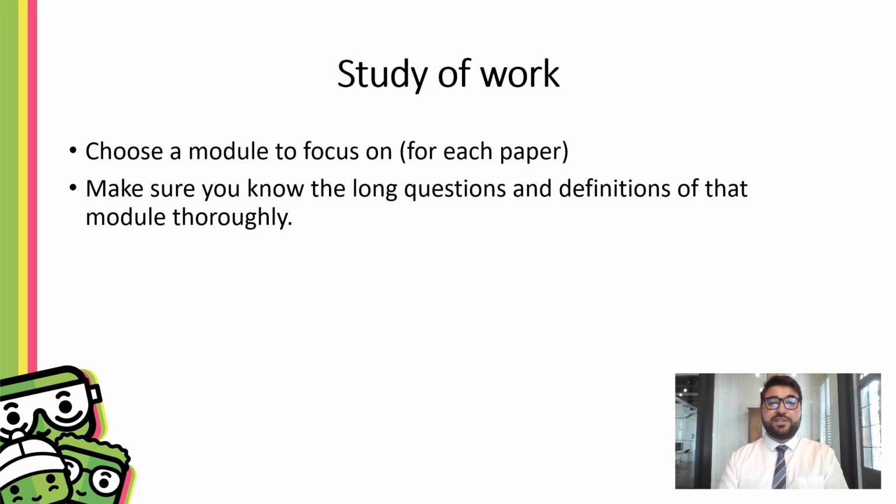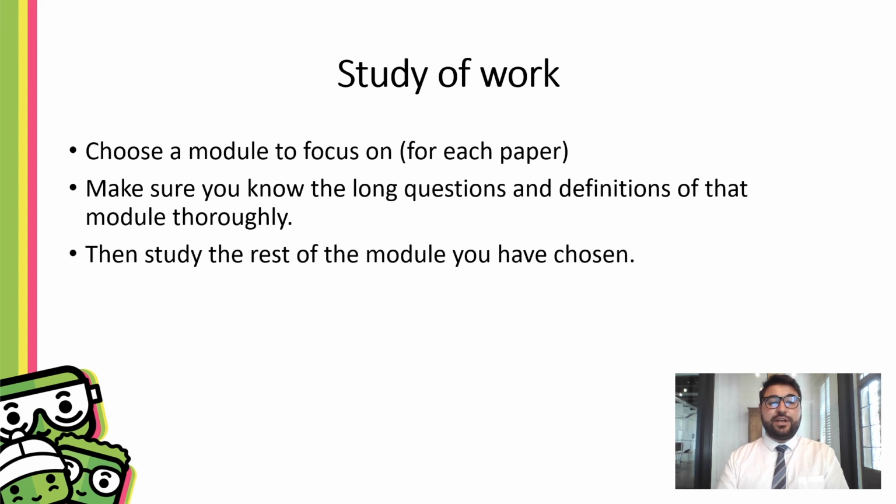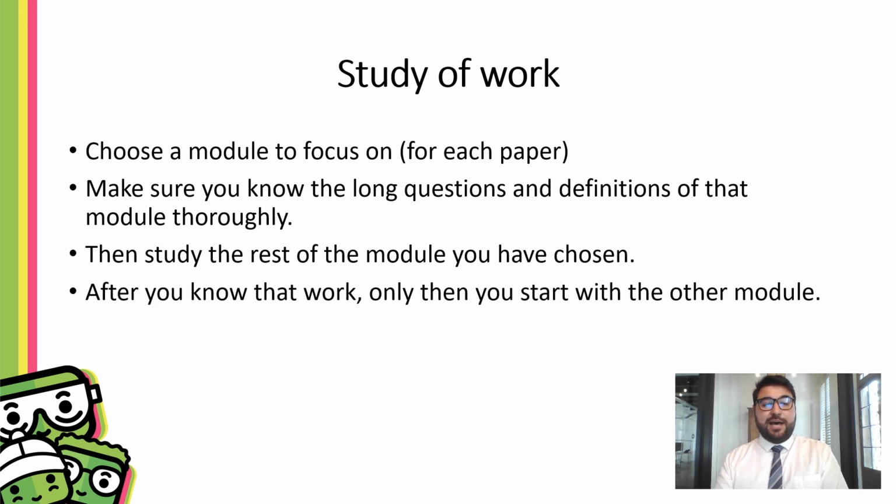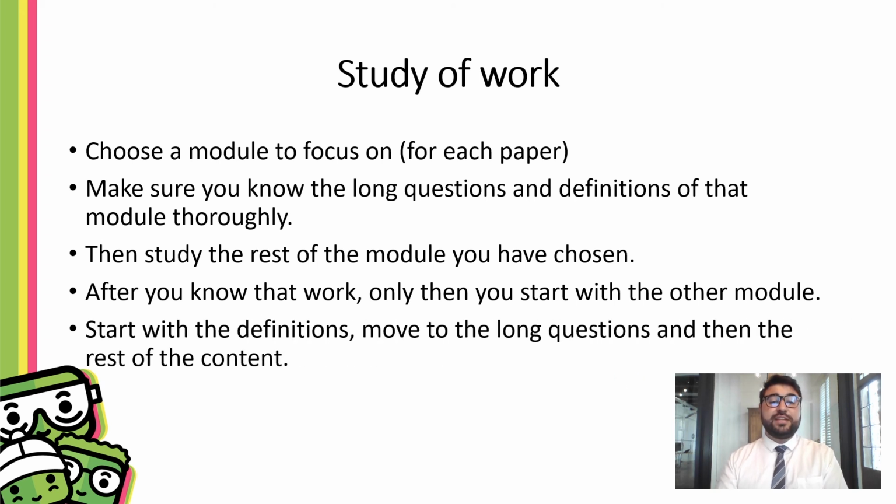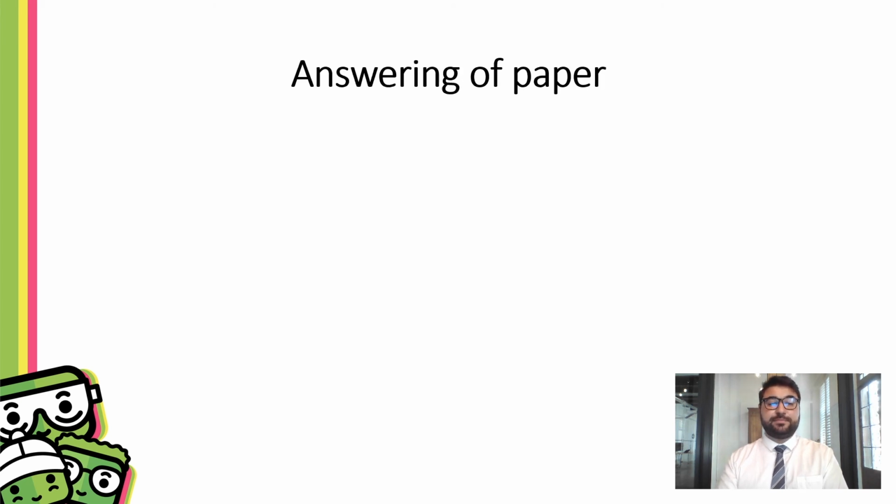That's the third thing that you're going to study. And then you're going to carry on to the rest of the module that you have chosen. After you know that work, then you start with the other module. And you start there with the definitions, move to the long questions, and then the rest of the content.